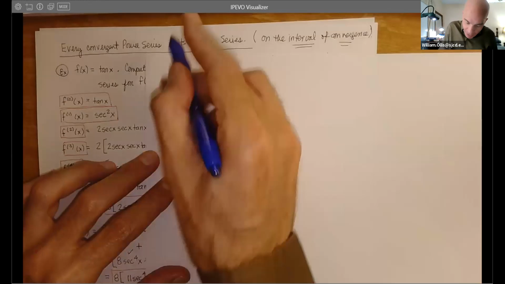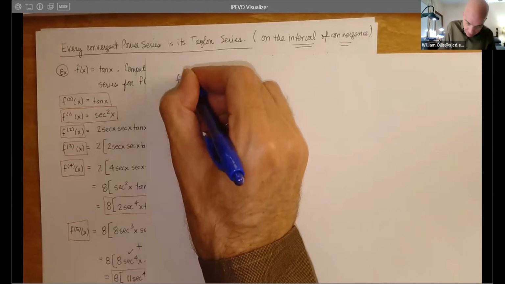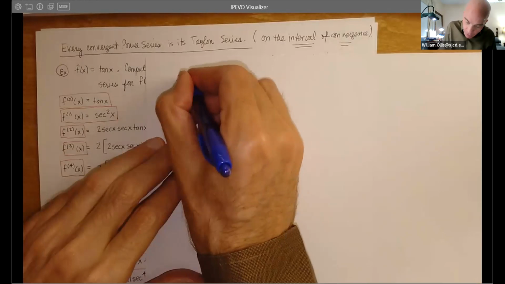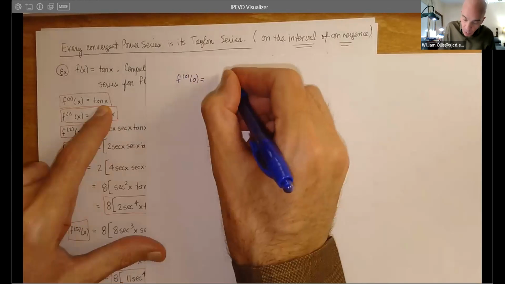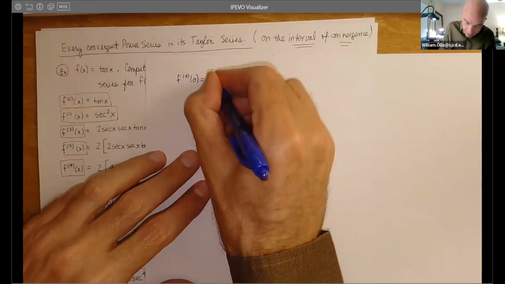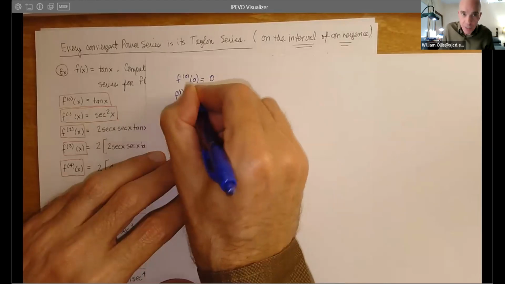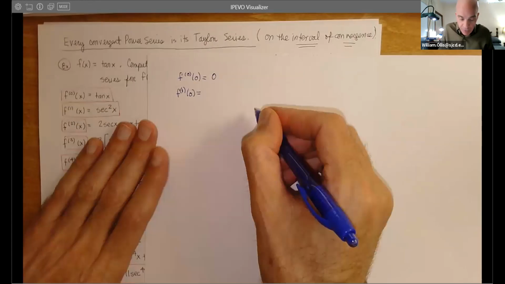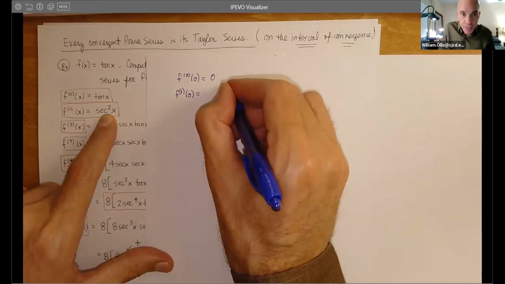So here we have f0 of 0. That's just tangent of 0, which is 0. f1 of 0. We need these coefficients for the Taylor coefficients. We've got secant, so this is going to be secant of 0 squared.